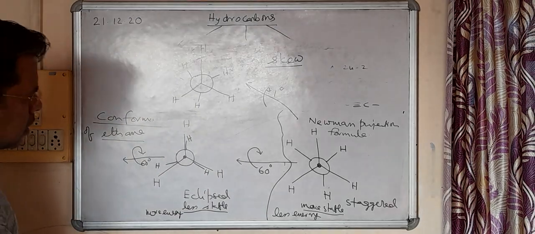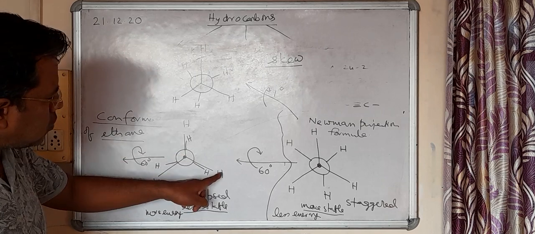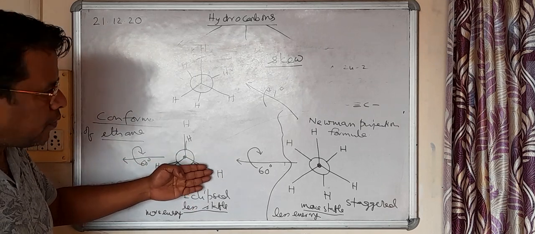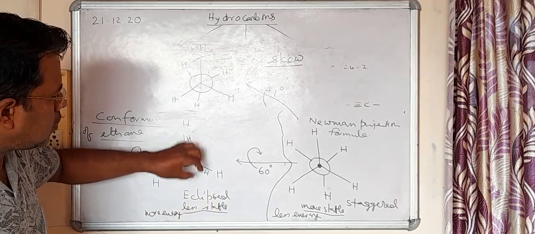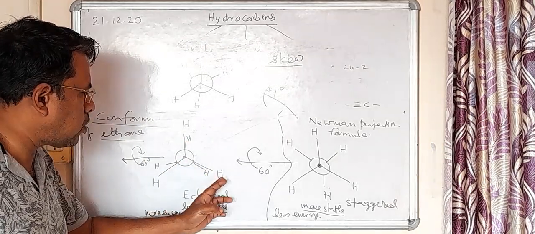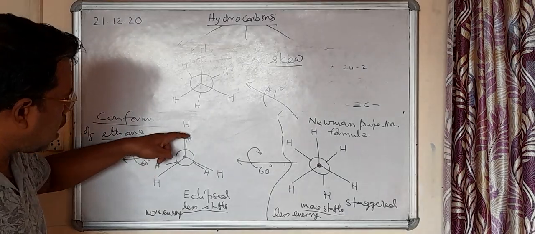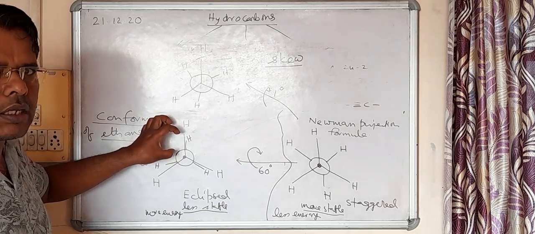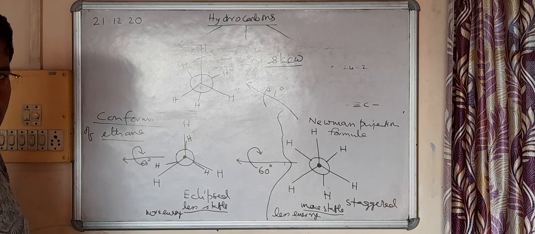So the reason is that in the eclipsed form, as you know, this hydrogen atom is in front and this hydrogen atom is just below it, and these two hydrogen atoms are therefore close to one another, and there will be repulsion between these hydrogen atoms. Because of this repulsion, this molecule will have more energy, and it will not be stable.